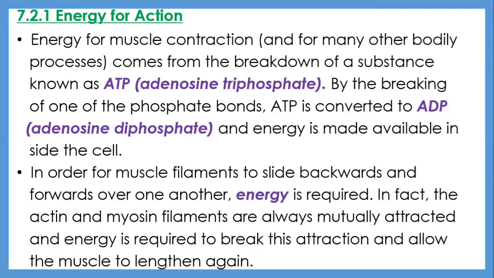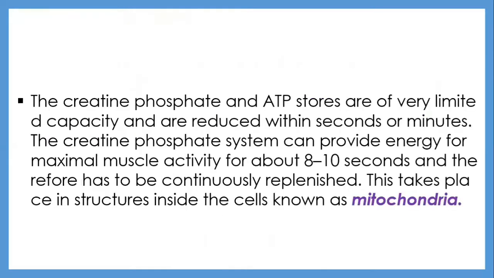myosin filaments. Endurance athletes sometimes experience muscle cramps when a muscle becomes fatigued during an event because the ATP needed to break actin and myosin attraction is depleted. And the creatine phosphate and ATP stores are of very limited capacity and are reduced within seconds or minutes.